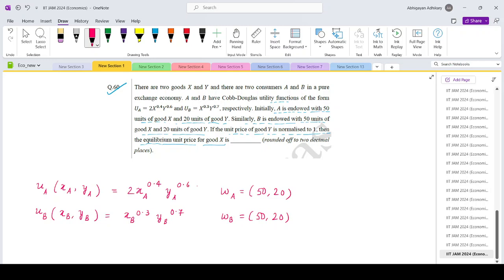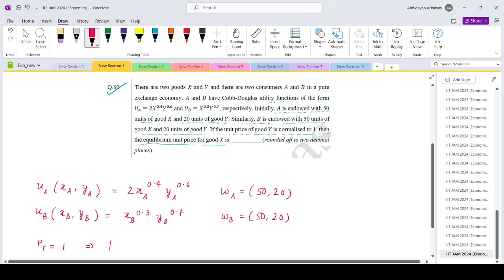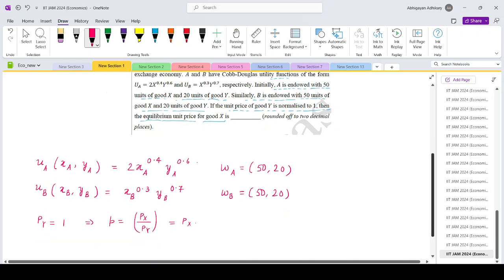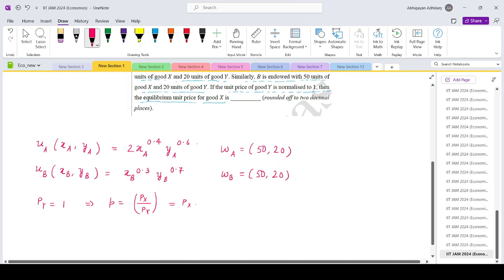If the price of good Y is normalized to 1, then what will be the relative price? It will be Px by Py, that will simply be Px. So what is the total endowment? W is 100, 40.